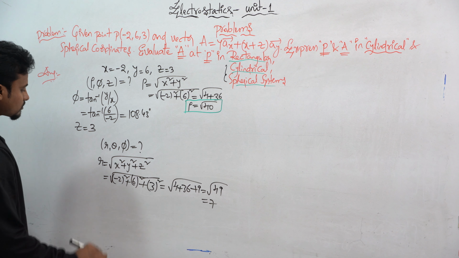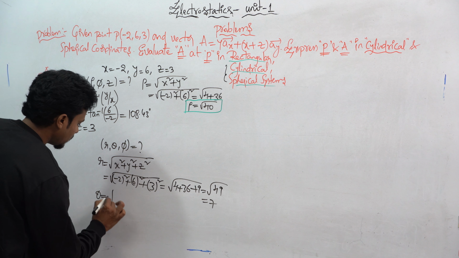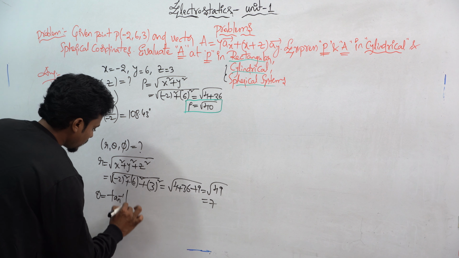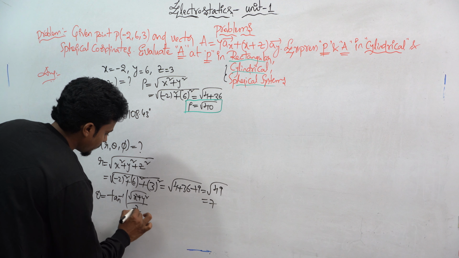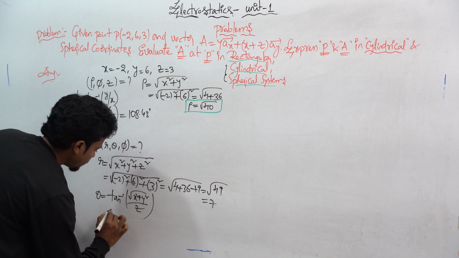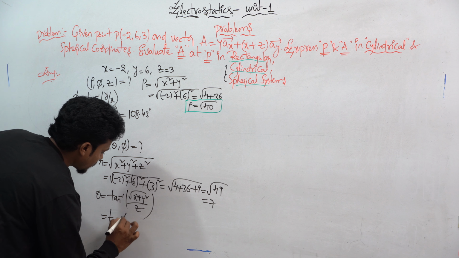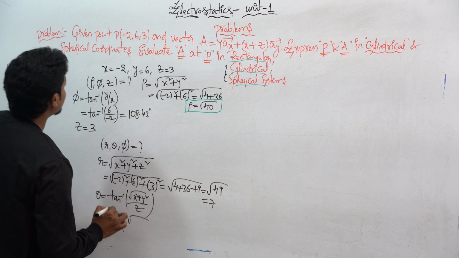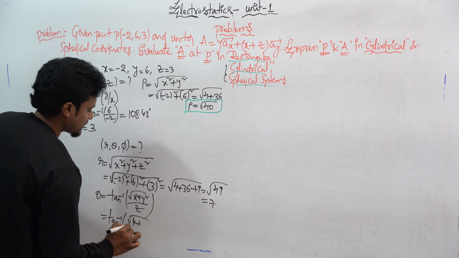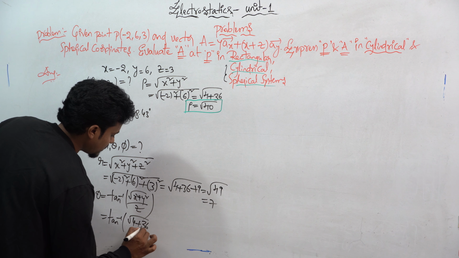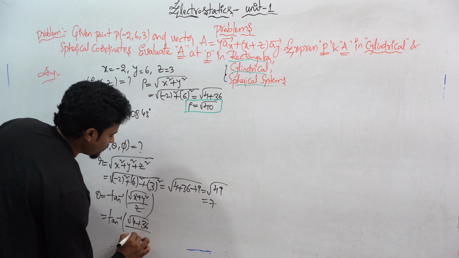Theta is tan inverse of root of x square plus y square divided by z. That is equal to tan inverse of root of x is -2 whole square, that is 4, plus y is 6 square, that is 36, divided by z which is 3.